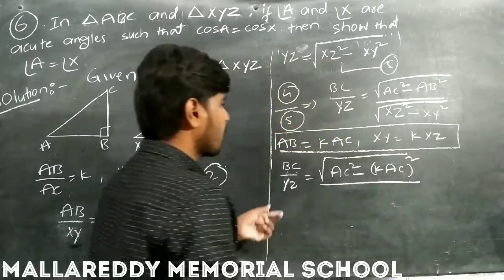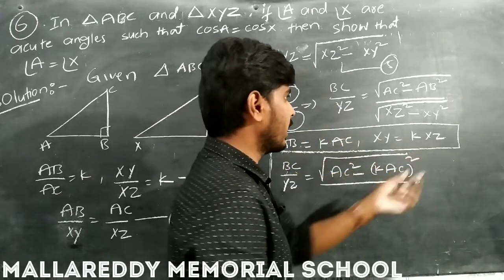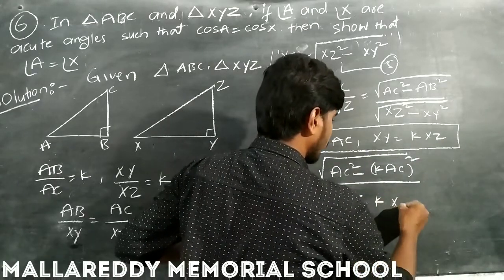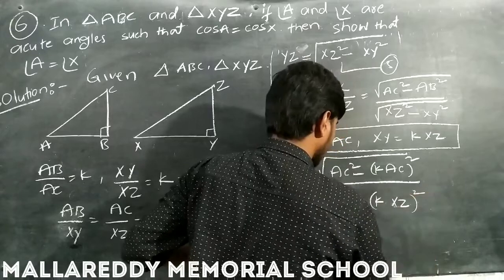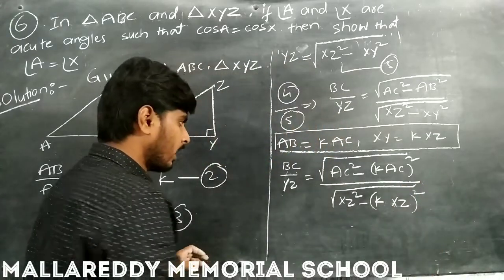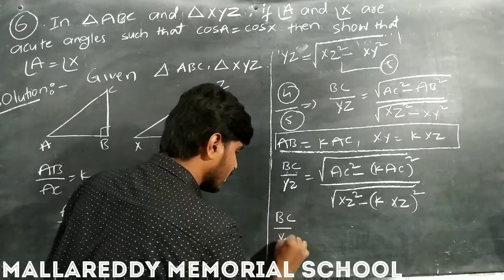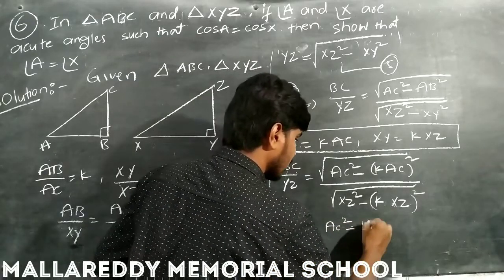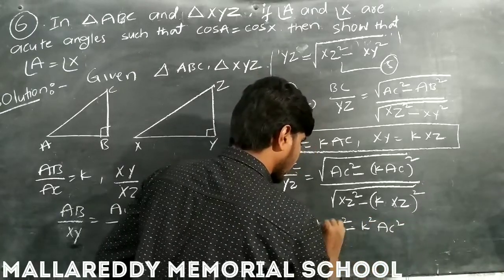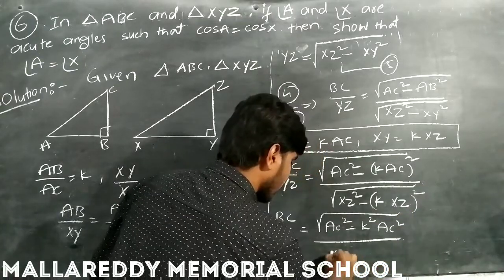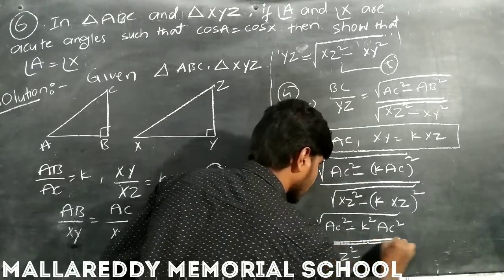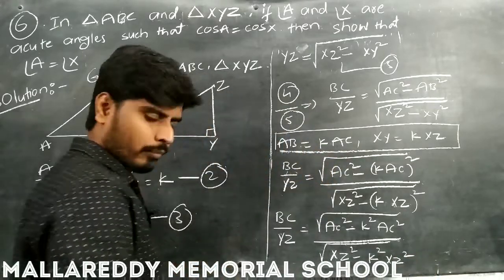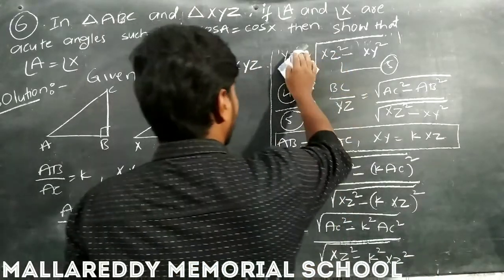So BC by YZ is equal to the root of AC square minus K AC whole square, by XZ square minus K XZ whole square. Right. Next, BC by YZ is equal to AC square minus K square AC square, by XZ square minus K square XZ square.